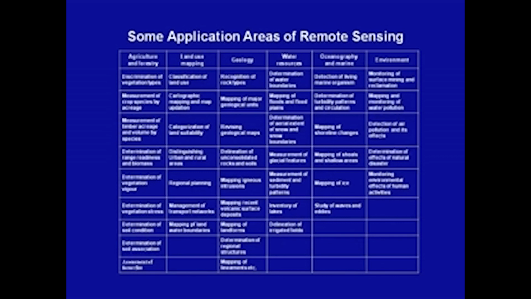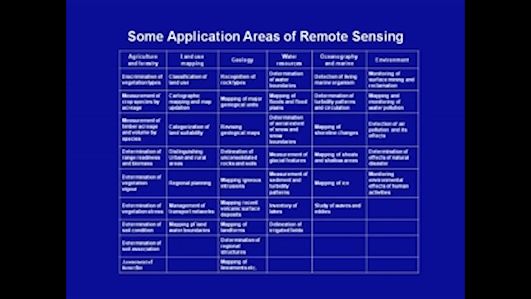In this particular slide, the broad areas of application have been shown in the areas of agriculture and forestry, land use and land cover mapping, geology, water resources, oceanography and marine, and environment. This slide shows some of the common application areas of remote sensing.